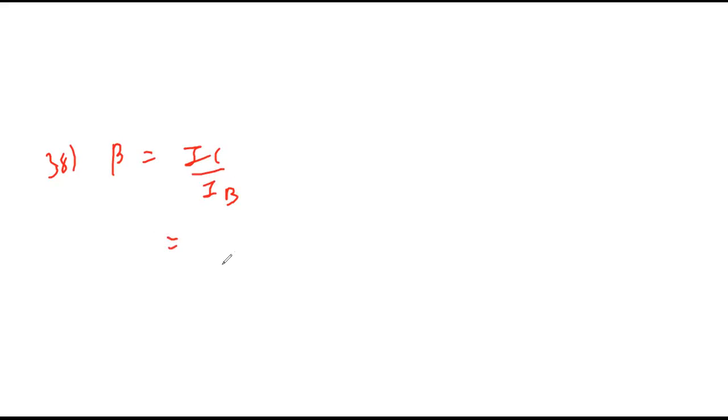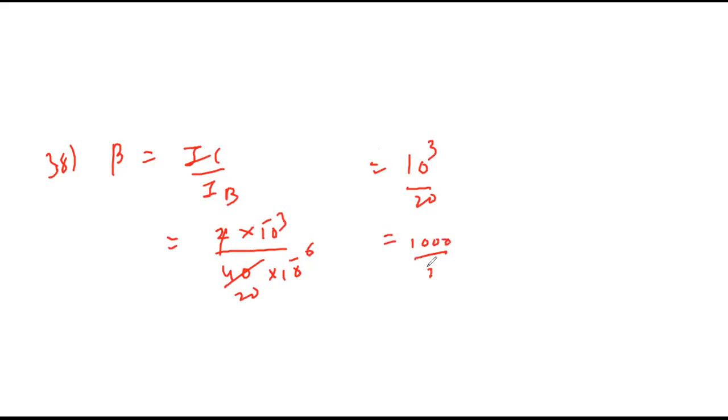That one is also right, but alpha is not given to us, so we cannot use that. Yes sir. How much collector current is given? 2 milliampere. And base current is 40 micro. So 10 raised to minus 6, 2 into 20. So this will become 10 raised to 3 upon 20. So 1000 upon 20, 20 into 50. So 50. Option C, 50.